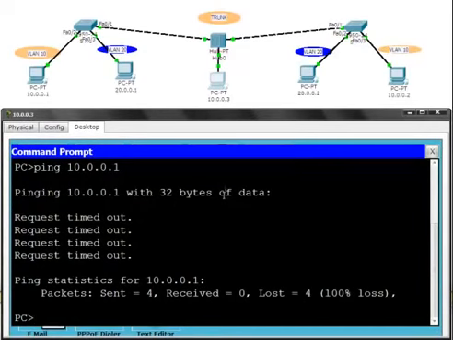The problem is the trunk port needs some VLAN ID. Without a VLAN ID, if you send a packet from 10.3, the switch is not going to understand that it's supposed to forward it to the VLAN 10 domain. So I'm going to configure this trunk interface with native VLAN 10.